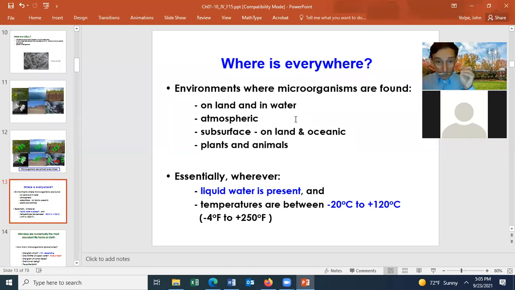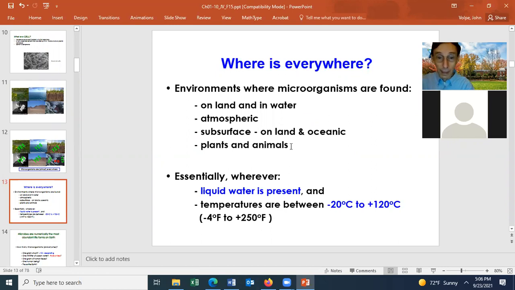You can find microorganisms subsurface on the land and under the ocean floor. And also you can find microorganisms down about a mile from the surface of either the land or the ocean floor. You find microorganisms on plants and animals, and we'll talk a little bit more about that later.